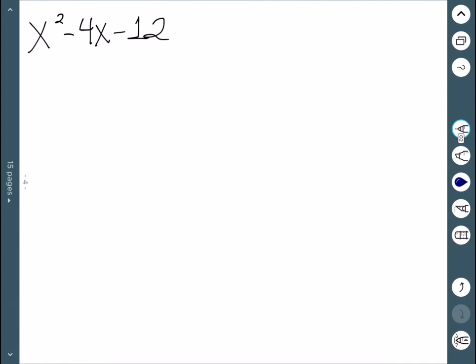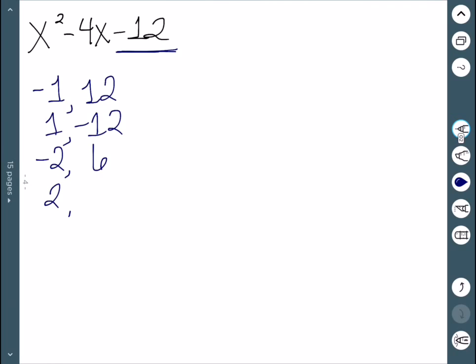Another example, x squared minus 4x minus 12. So now we need things that multiply to be negative 12. This becomes a little trickier. We could do negative 1 and 12, or 1 and negative 12. Negative 2 and 6, or 2 and negative 6.